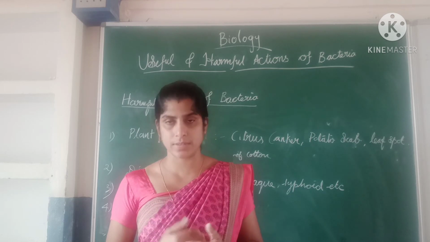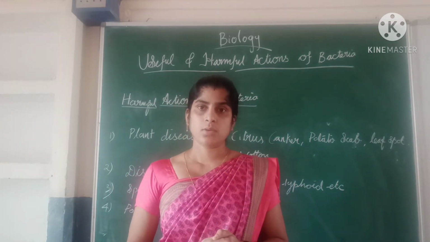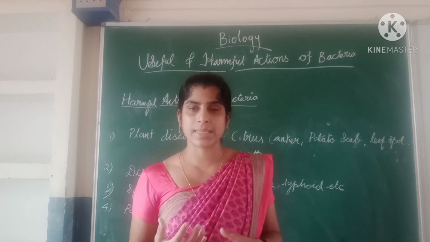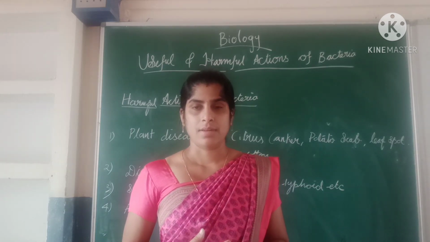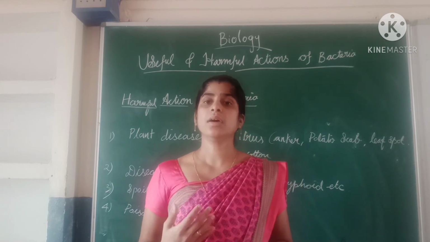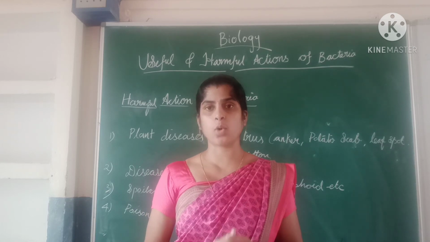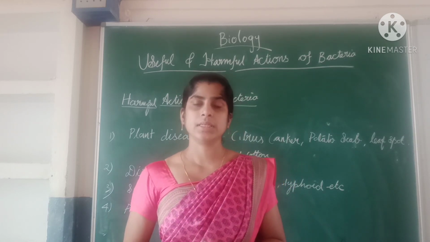These are poisonous. How are they poisonous? Such food poisoning. How do we get this food poisoning? From bacterial action. Okay, I hope all of you understood this topic. Yes, thank you.